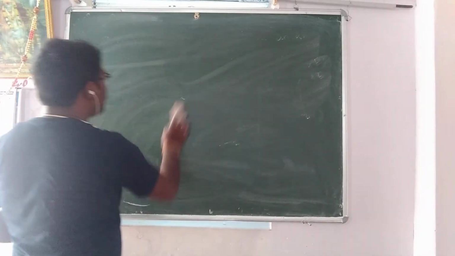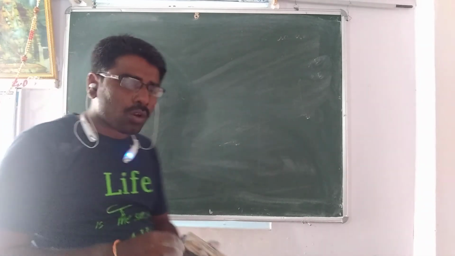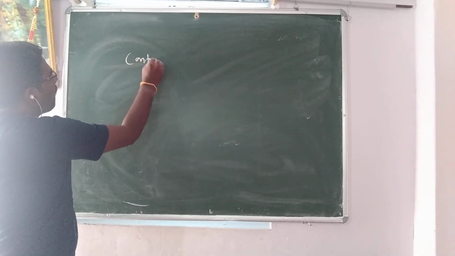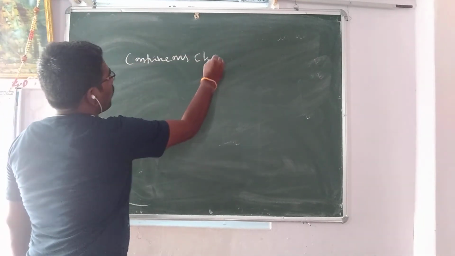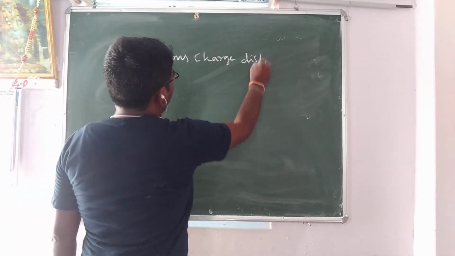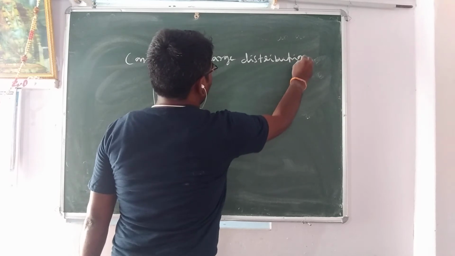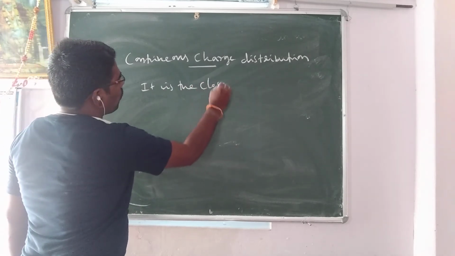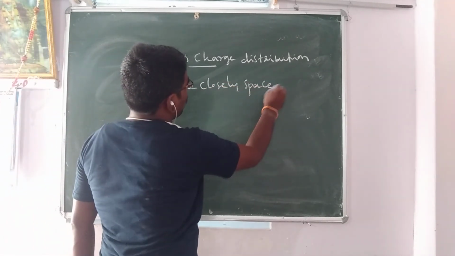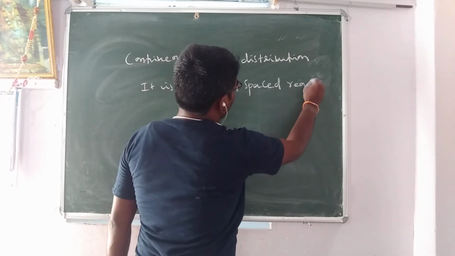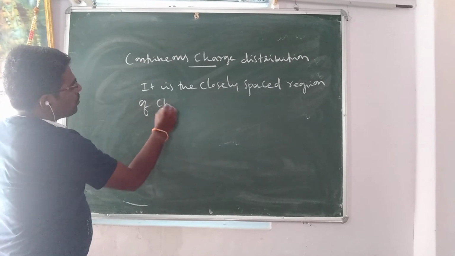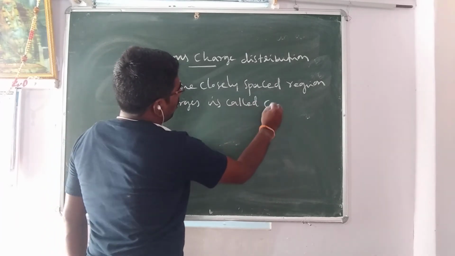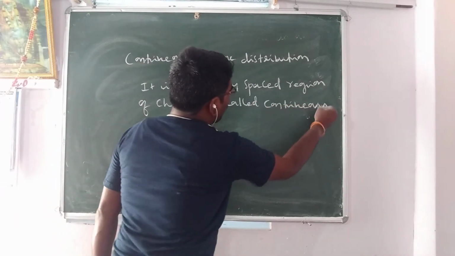It is the closely spaced region of charges, and a closely spaced region of charges is called a continuous charge distribution.